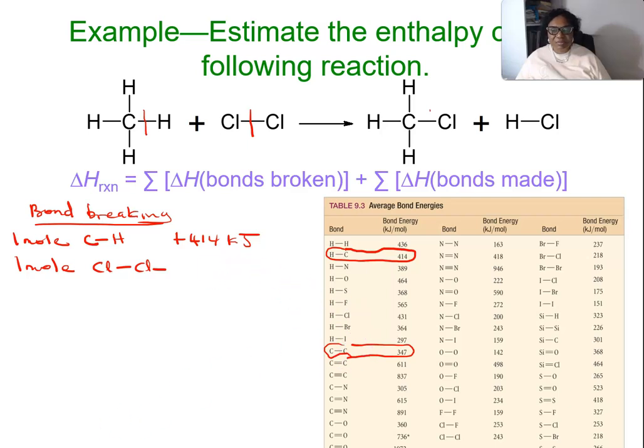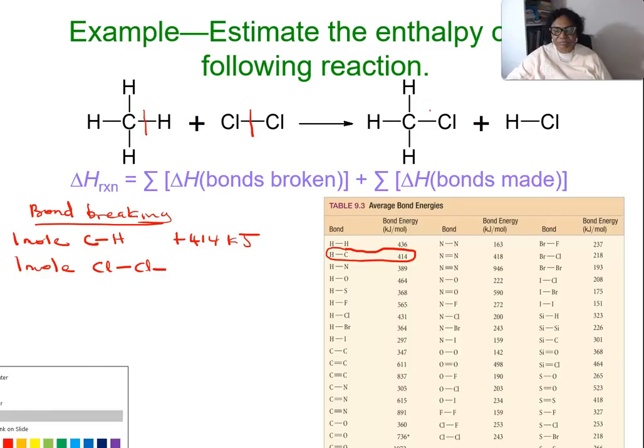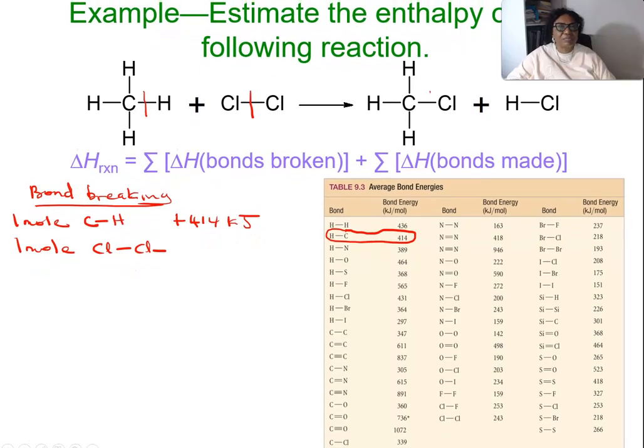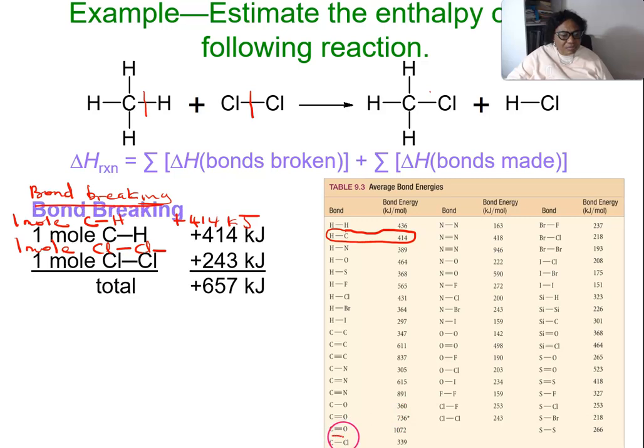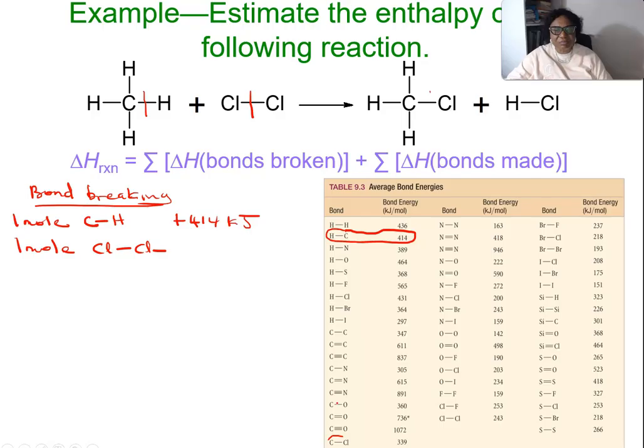Oh, that's carbon-carbon. We want the carbon-chlorine single bond. So this is carbon-carbon. We want carbon-chlorine.